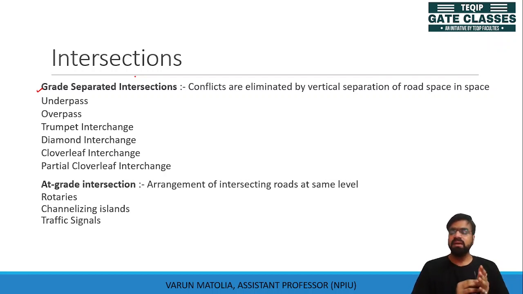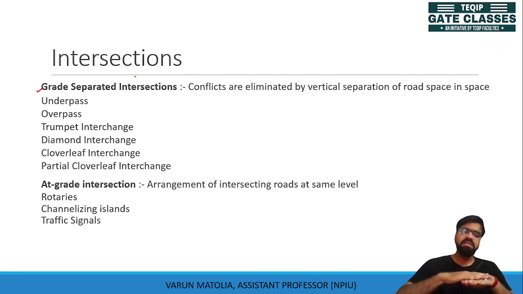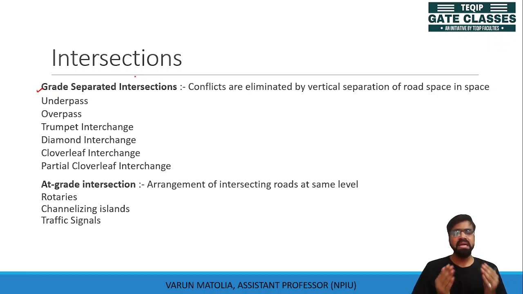So there are a few grade separated intersections, grade meaning level, like underpasses, overpass, trumpet interchange, diamond interchange, clover leaves, partial clover leaves. Then we have some arrangements for at grade intersections. At grade means at the same level. When we have the same level of intersection, there is possibility of conflict points, so we may have to control these traffic streams such that the conflict points may be reduced.